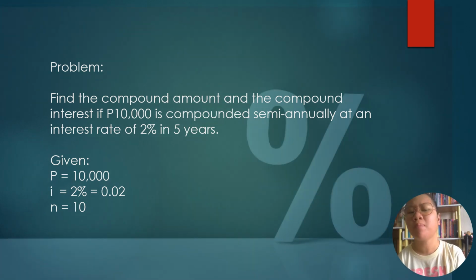The given is the principal, which is 10,000, and the interest rate, which is 2%. Remember that we must convert it to decimal, so it will be 0.02. The total conversion period for the whole term is 10, which is computed by multiplying 5 by 2 since it is semi-annually.